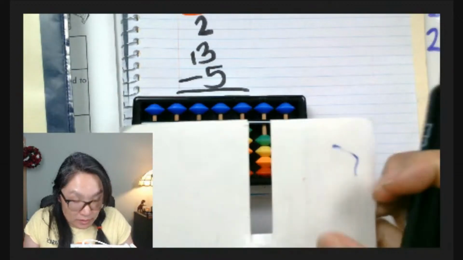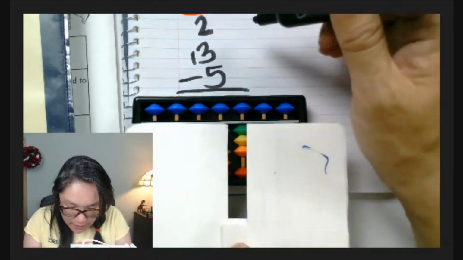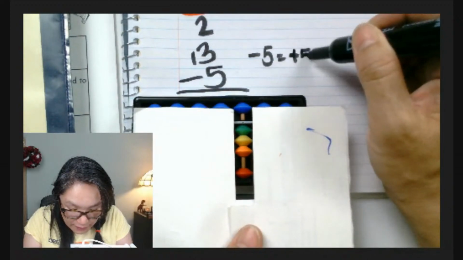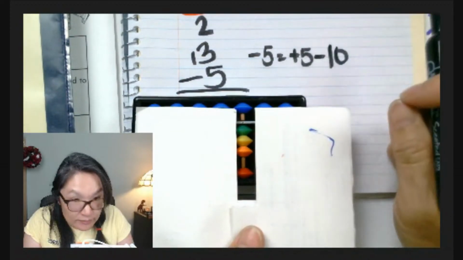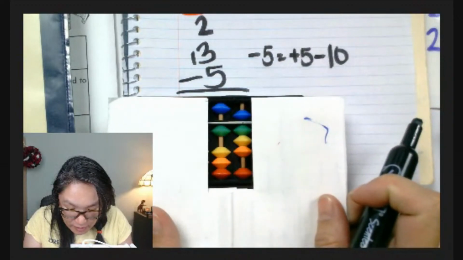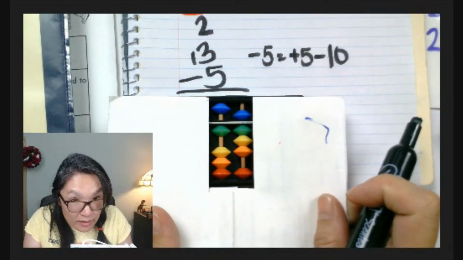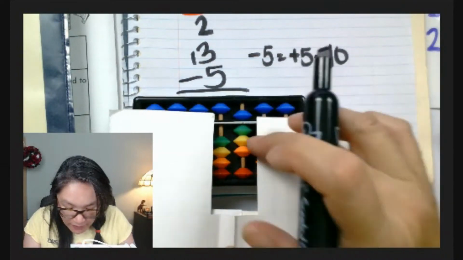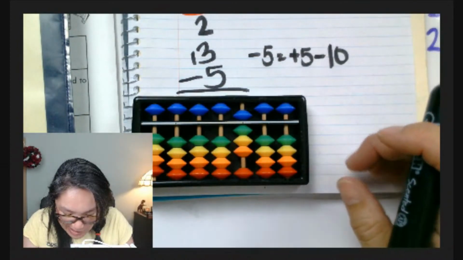How do we do it? Minus the 5 is equal to plus 5 minus 10. So I'm going to plus the 5, and then what happens? I got to go over here and take away the 1. My final answer is 8.